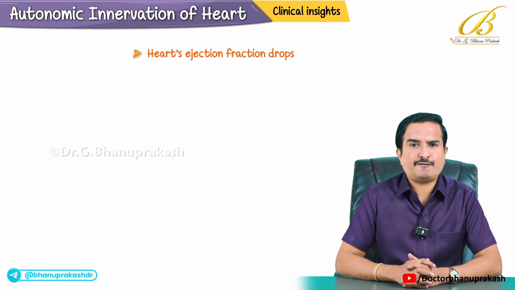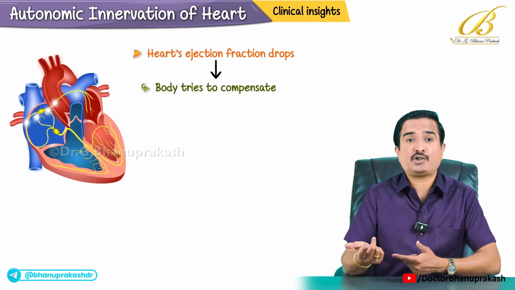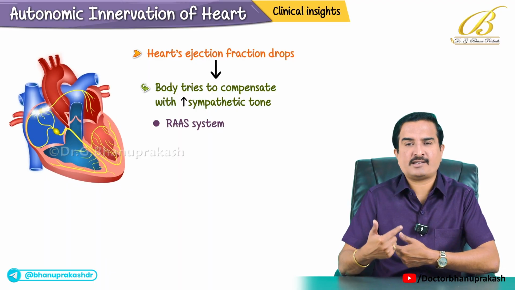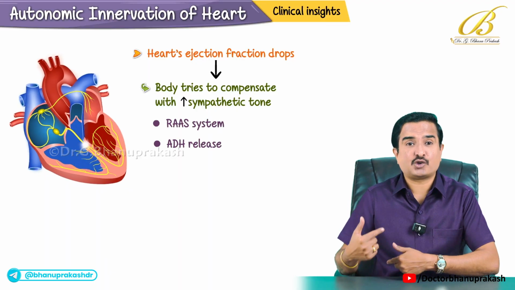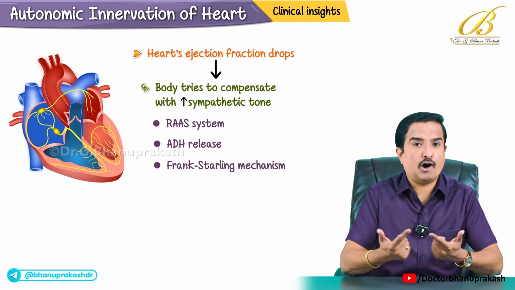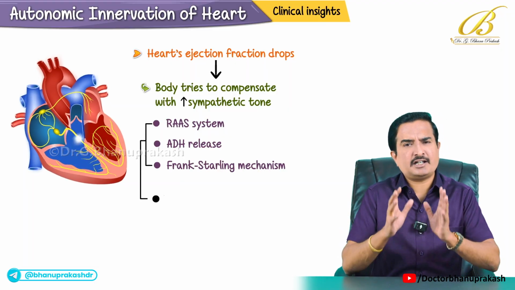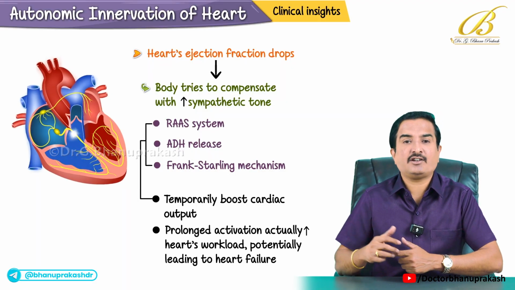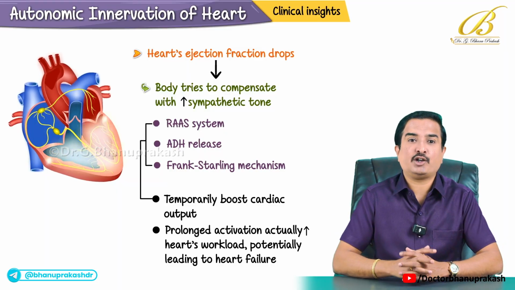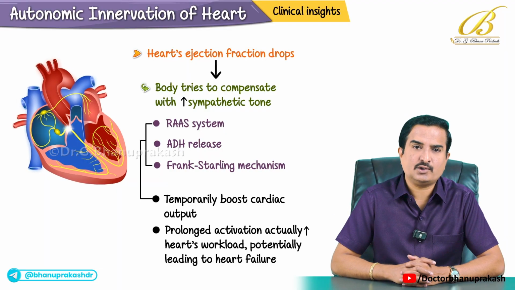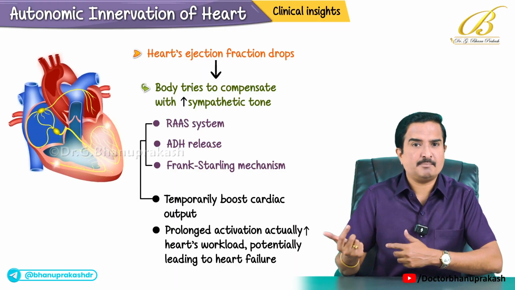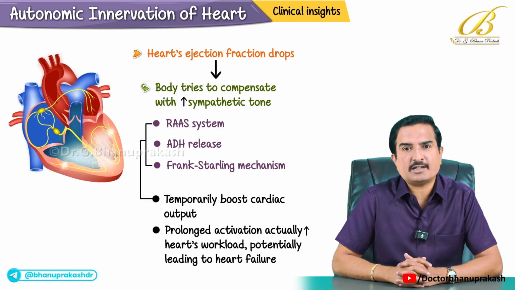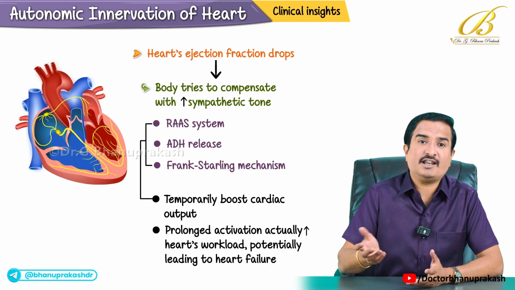Initially, if the heart's ejection fraction drops, the body tries to compensate with increased sympathetic tone and stimulation of the renin-angiotensin-aldosterone system, ADH release, and the Frank-Starling mechanism; all these will be activated. These can temporarily boost the cardiac output, but prolonged activation actually increases the heart's workload, potentially leading to heart failure. So this is also what you need to know about the effect of sympathetic and parasympathetic innervation on the heart, mainly when compensatory mechanisms come into place in diseased states.